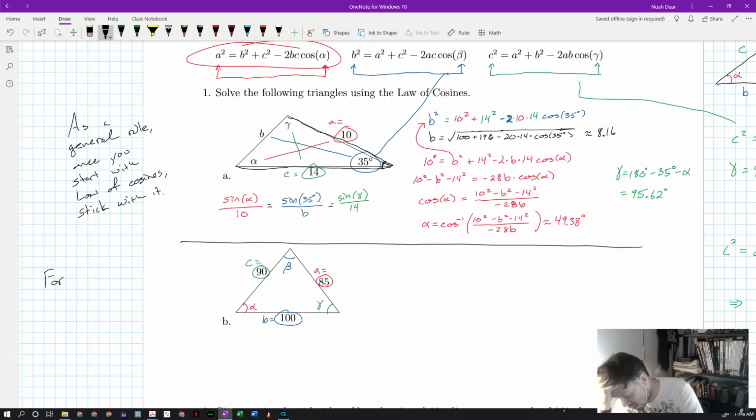For law of sines to work, you need at least one pair of side and angle across from each other given in the problem.